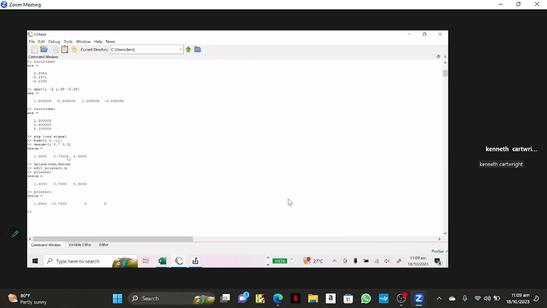Oh, right here. The numerator is 1, 0, -1. And the denominator was 1, -0.7, 0.3. So let's do that again.